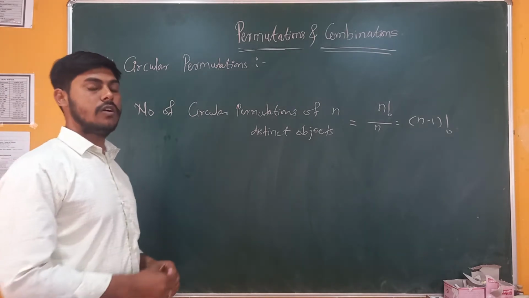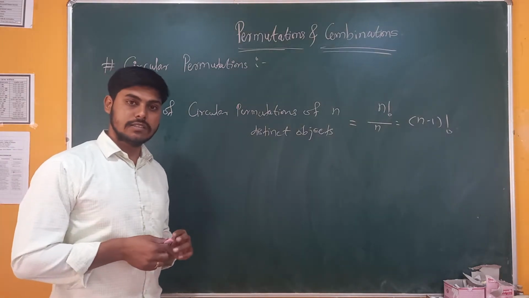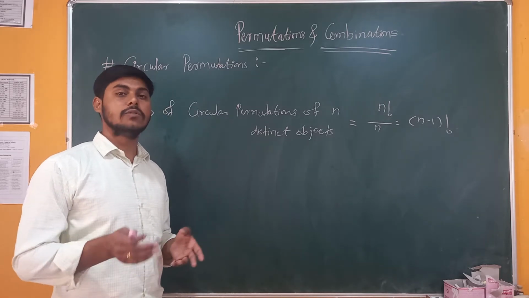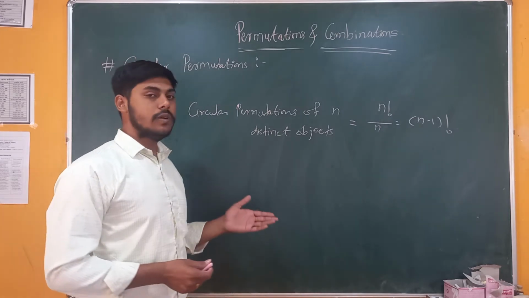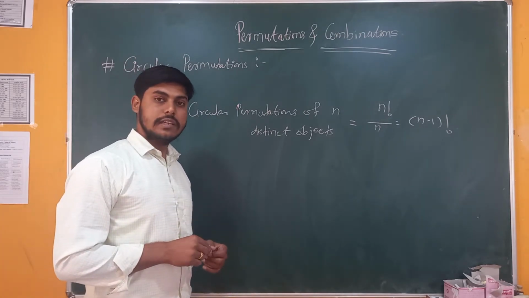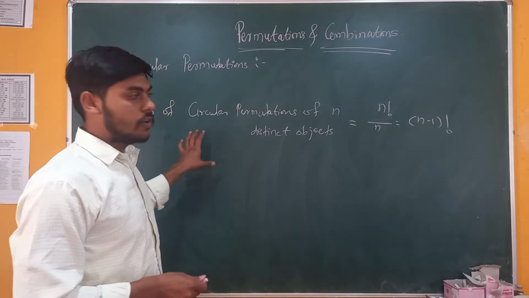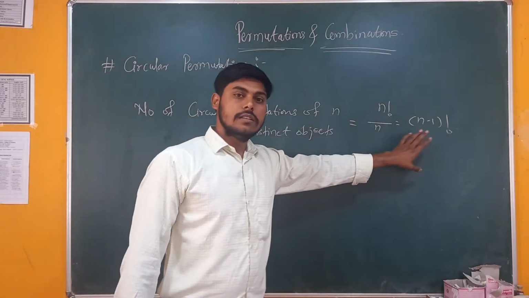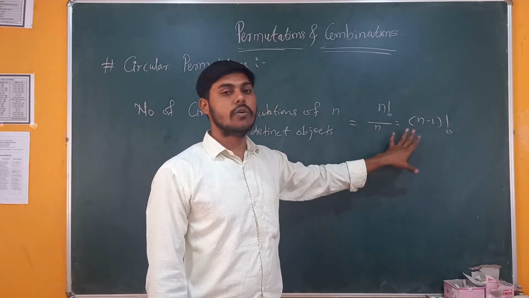We already know that we can make circular permutations in two different ways: first clockwise and second anti-clockwise. If clockwise and anti-clockwise arrangements are different, then this formula remains constant.